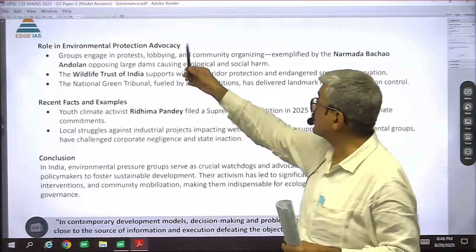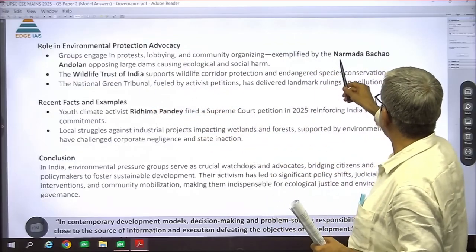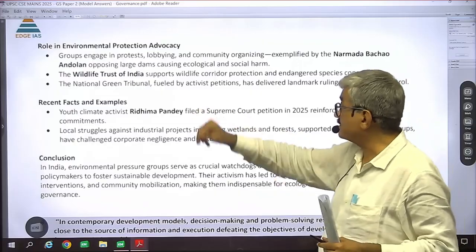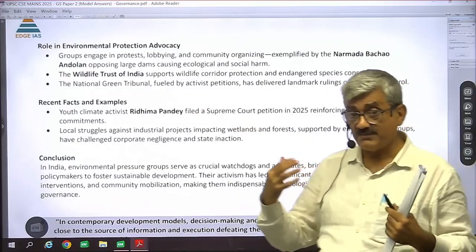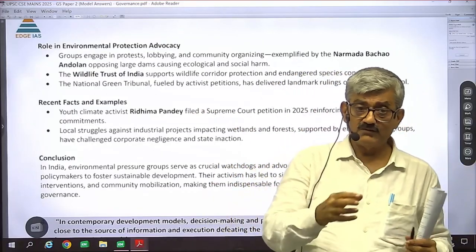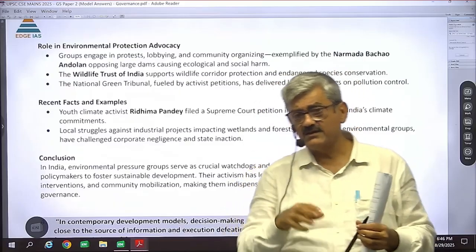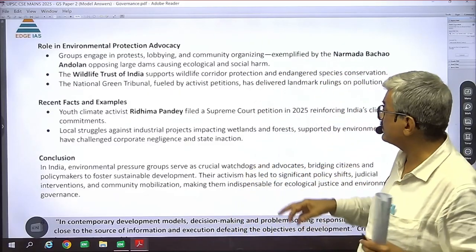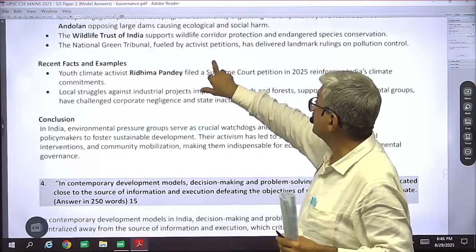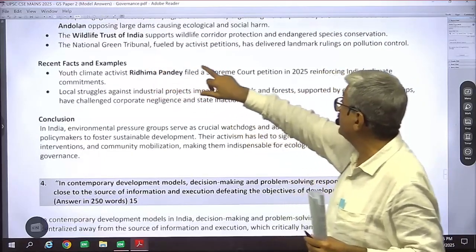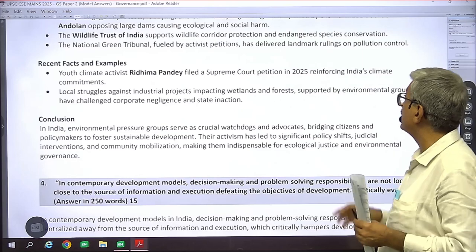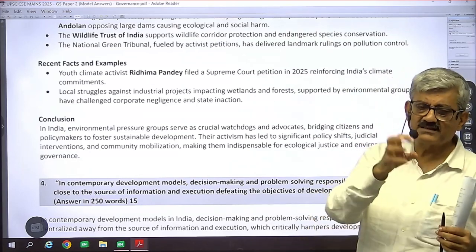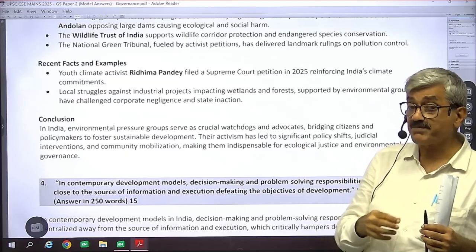Role in environmental protective activities, another few names: Narmada Bachao Andolan, Wildlife Trust of India, and the National Green Tribunal. The Government of India has come out with a tribunal for adjudicating issues involving environment, pollution, etc. Therefore, the National Green Tribunal, fueled by activist petitioners, has delivered landmark rulings on pollution control, restricting not only the government but also, on many occasions, private concerns.